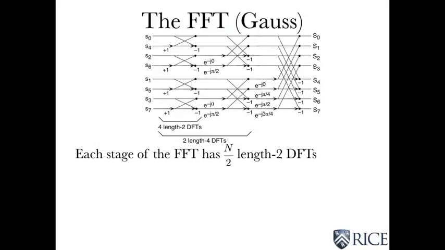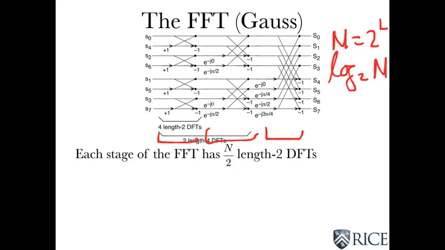So the FFT divides everything into stages, and the number of stages is equal to the number of times we had to divide by 2. So since n we assumed was 2 to a power, the number of stages is the log 2 of n, which of course is equal to L. So we have L stages, each of which consist of n over 2 length 2 DFTs.